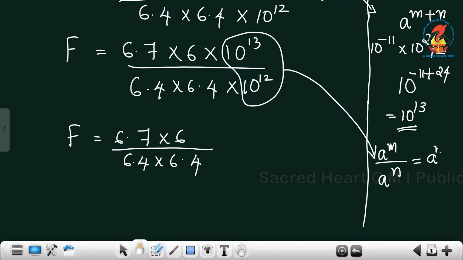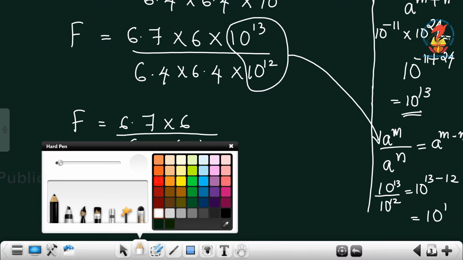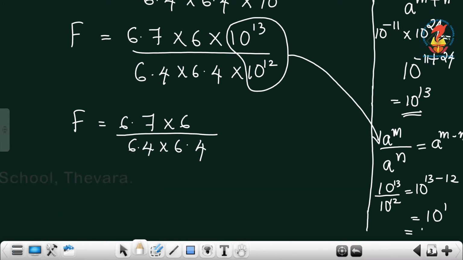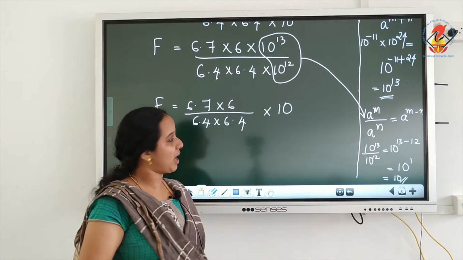The formula is a raised to m minus n. So 10 raised to 13 by 10 raised to 12 is 10 raised to 13 minus 12, which is equal to 10 raised to 1. 10 raised to 1 is 10 itself. So into 10. Okay, we have solved that too. So that means we have solved the exponent part.